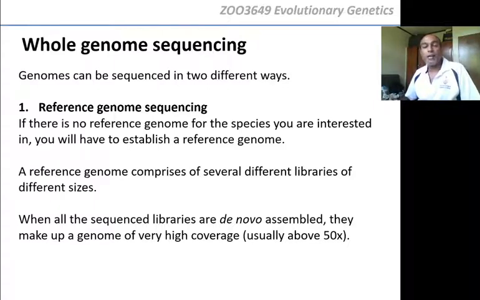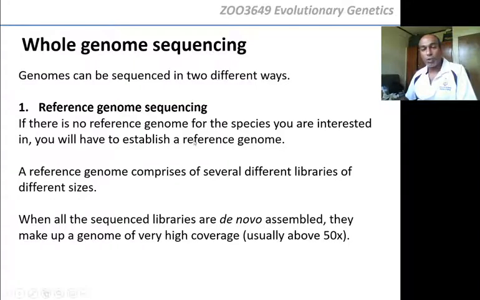Okay? And what is important here is what we call coverage. Okay? Coverage is basically how many times on average the same position in a genome gets sequenced by the Illumina sequencer sequencing a fragment. Okay? And the higher the coverage, the better the quality of your genome is.